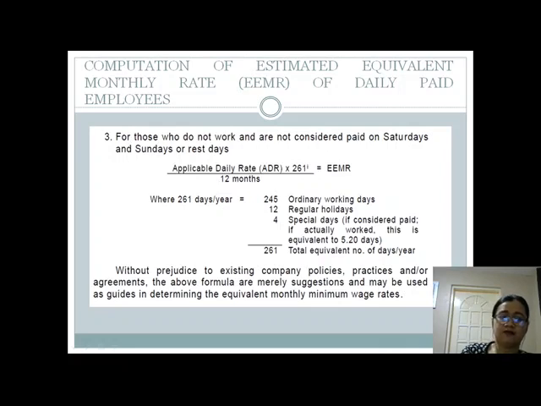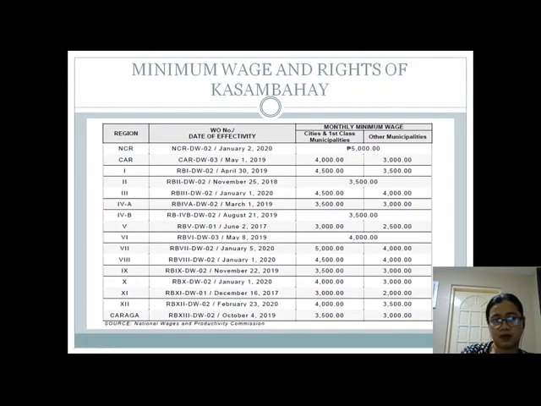That means 5 days of 8 hours a day, or a total of 40 hours in 5 days a week. So they follow the 261 scheme.